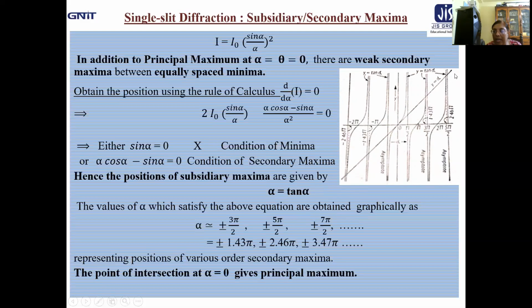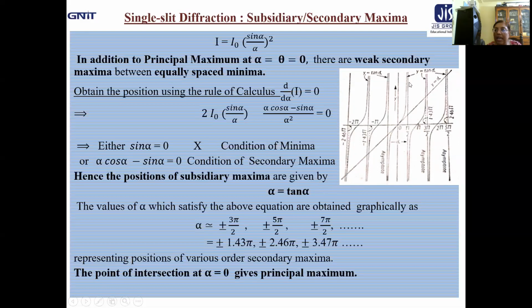Just take a look. Here we have taken two sets of graphs. This is y equal to alpha, the straight line passing through the origin and inclined at an angle of 45 degrees, because it is y equal to mx. Now what about y equal to tan alpha? These are a family of curves. A very important behavior of the tan function is near plus minus odd multiples of pi by 2, because the tan value then goes to infinity.